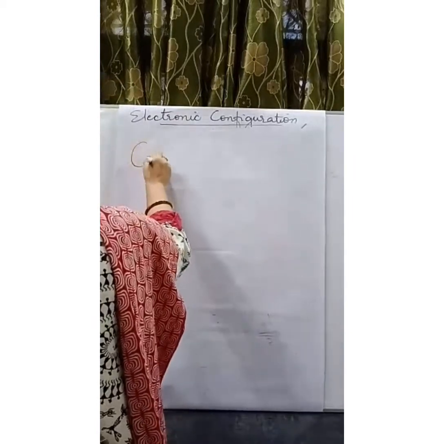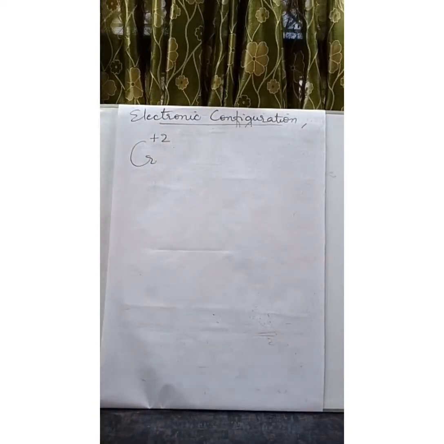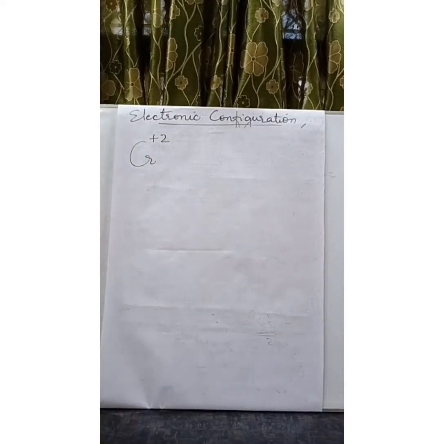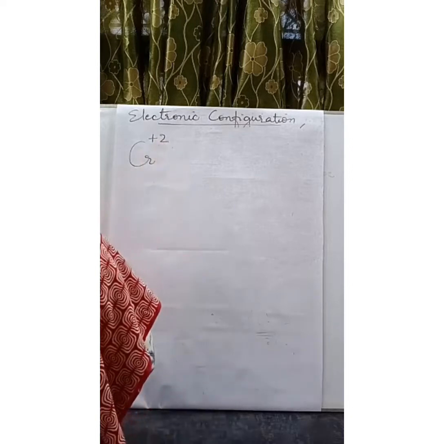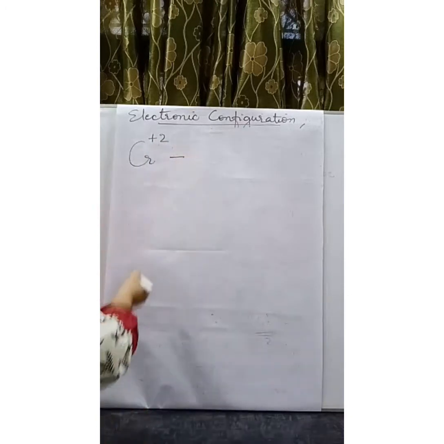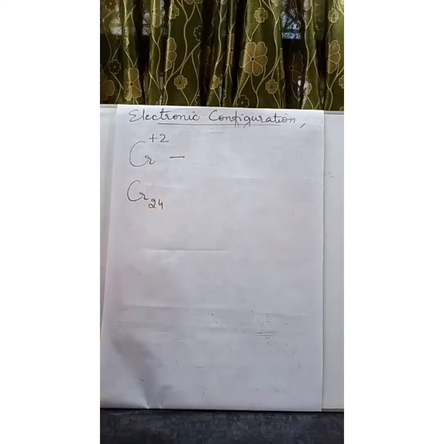Suppose I want to write down the electronic configuration of chromium plus 2, Cr+2. Then in that case, what is the atomic number of chromium? It is 24.